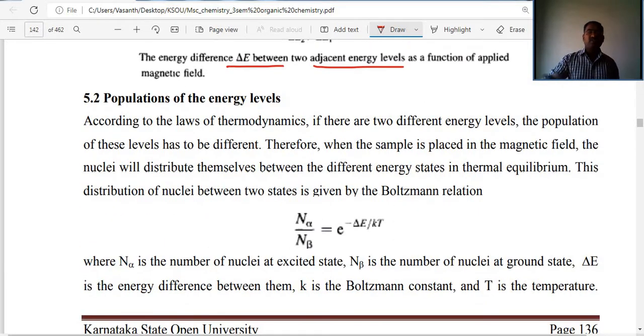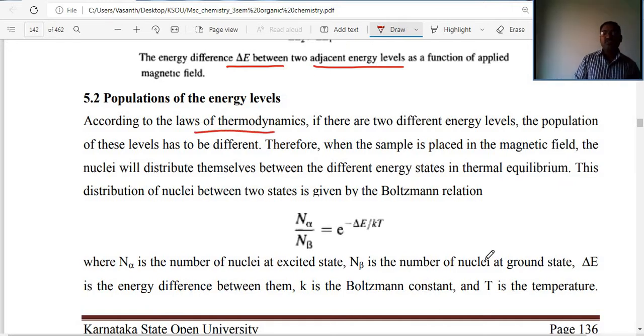Now, the population of energy levels according to the law of thermodynamics. If there are two different energy levels, the population of these levels has to be different. Therefore, when a sample is placed in a magnetic field, the nuclei will distribute themselves between the different energy states in thermal equilibrium.